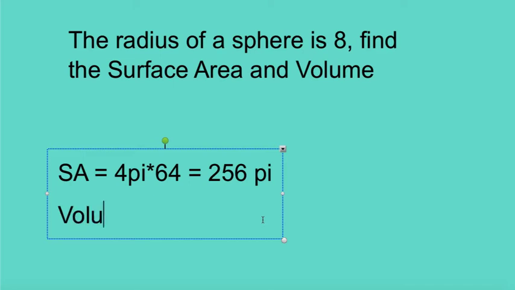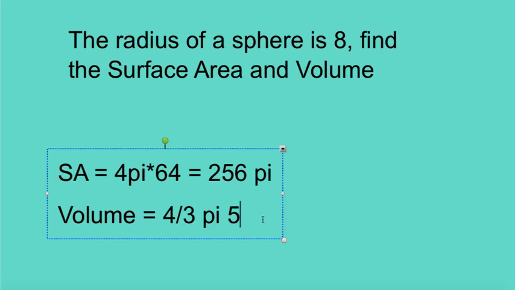And then to find the volume, we would do 4/3 pi, and then 8 cubed, which means 8 times 8 times 8, okay? So 64 times 8, which is 512.